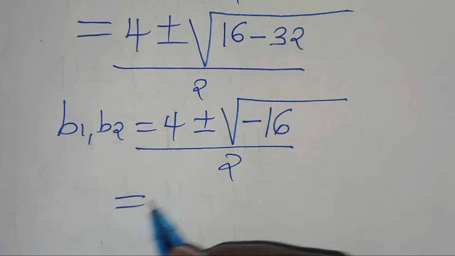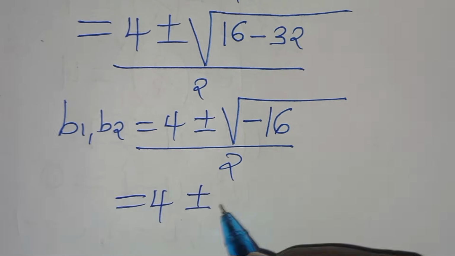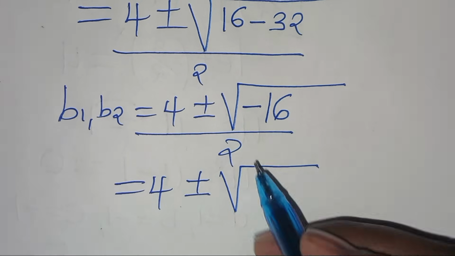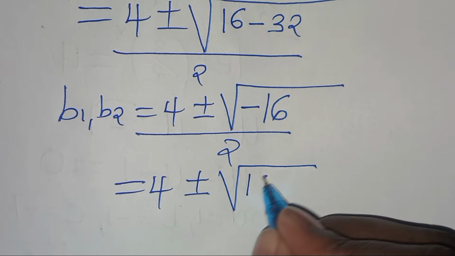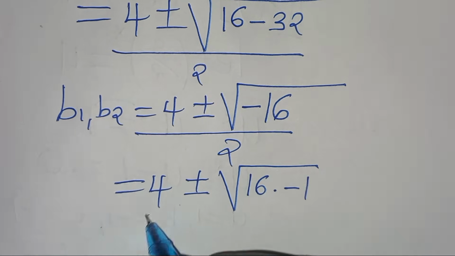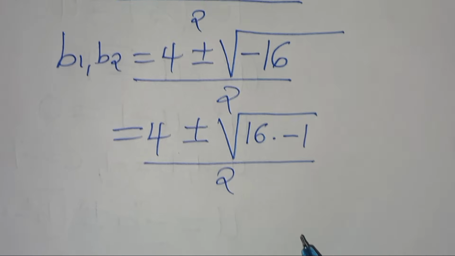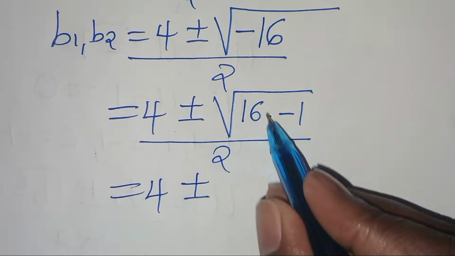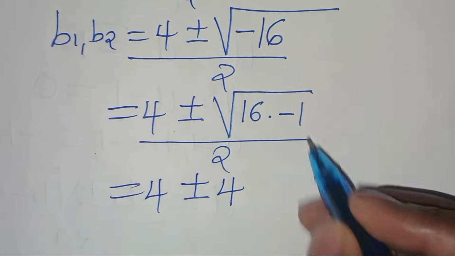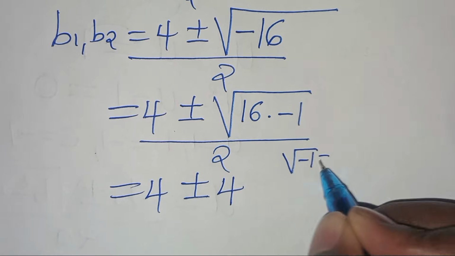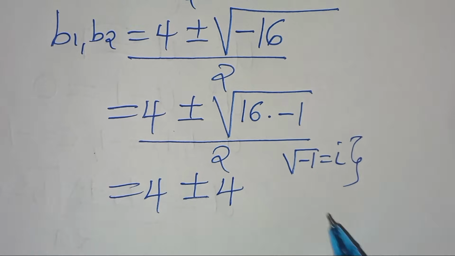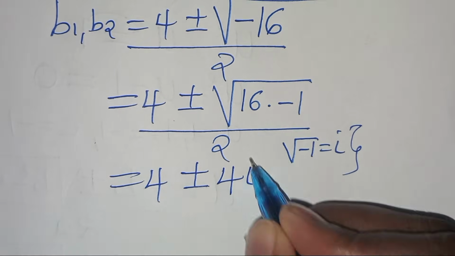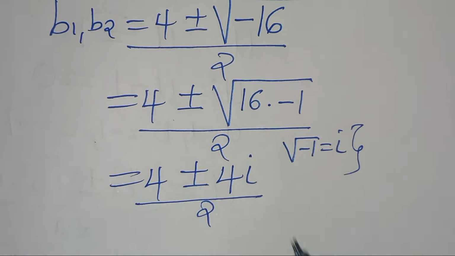So this is 4 plus or minus, we can express the square root of minus 16 as the square root of 16 times minus 1, divided by 2. So here we have 4 plus or minus the square root of 16, this is 4, square root of minus 1, this is equal to i. So we have here 4i divided by 2.